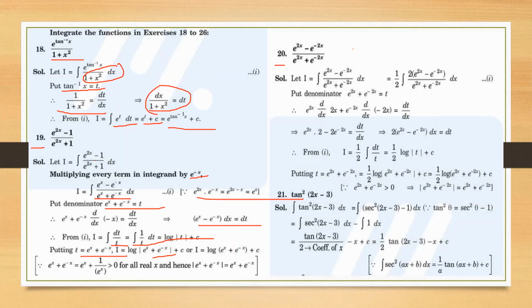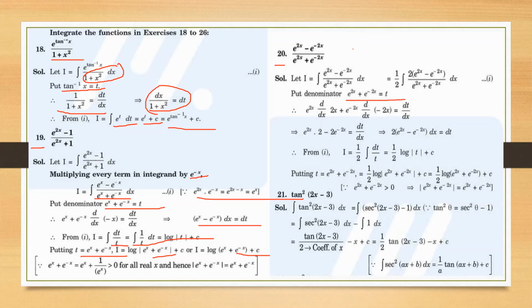Now in question number 20, what is happening here? No doubt the e's are distributed properly, but you need to just put this as t, right? So either you can get the idea of multiplying and dividing by 2, or if you don't get it, then also it is okay, because when I put back, it becomes e raised to power 2x into 2 minus, this becomes minus 2 e raised to power minus 2x dx and equal to dt, right? Like this. So 2 can be taken common.